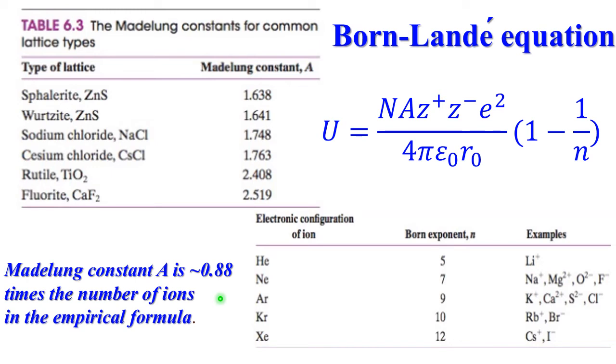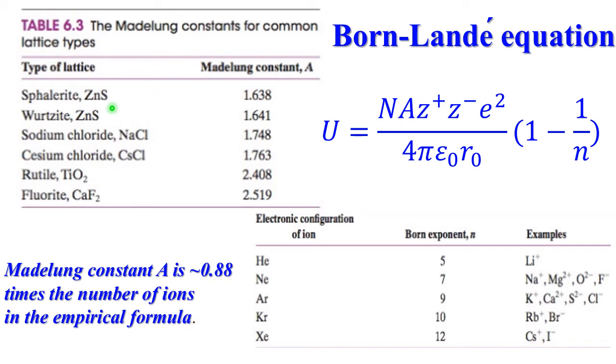Now, it was detected that the Madelung constant is around 0.88 times the number of ions in the empirical formula.